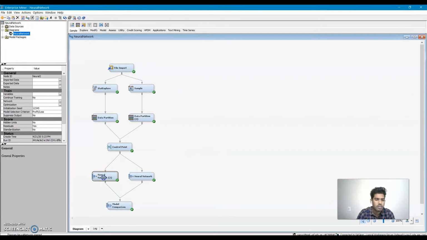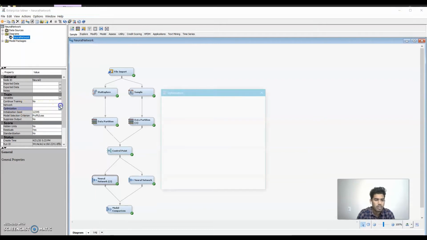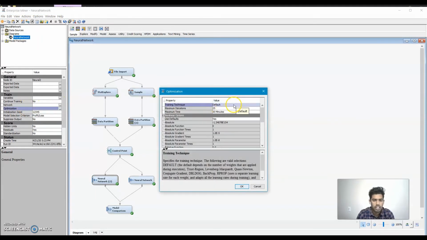In this neural network, we can alter different parameters in the network and optimization. We can alter the training technique which we want to use for this model. In the class, the backpropagation technique was taught, which basically says that we need to correct our error for every row of the data that we send into the model for training it, and depending on the error, we change the weights of our neural network model.